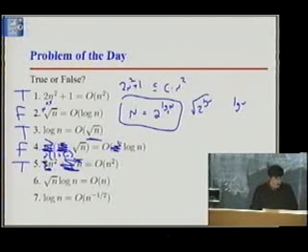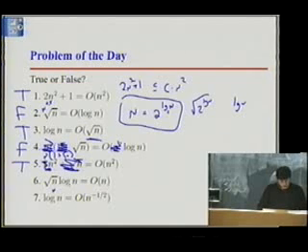Square root of n log n. How does that compare to n? Another way to think about this: this is n to the 1/2 log n, and this is n to the 1. Which exponent is bigger? This one.